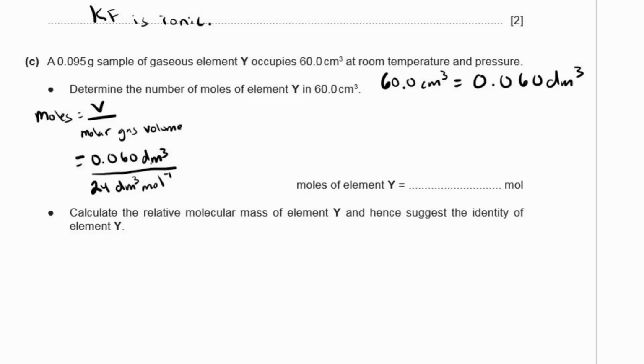And if you look at that, the decimeters cubed cancelled out, the mole goes to the top, so the answer will be in moles. And so that number equals 0.0025 moles. Okay, so the answer here, you can either leave it at 0.0025, or you can say 2.5 times 10 to the minus 3 moles. Either is okay.